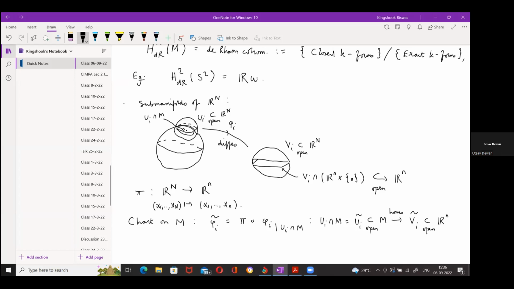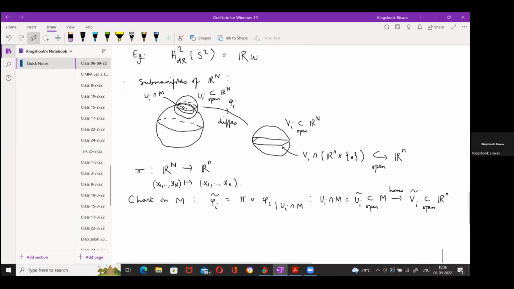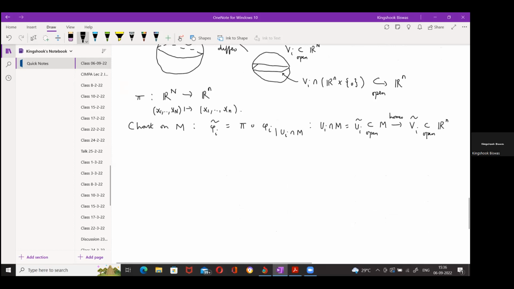Yes. Okay. So this gives me charts on M, and if I look at the change of charts, so all right. So this is say M, this curved thing, and this is my ball in R capital N. And if I have two charts, phi and a psi.